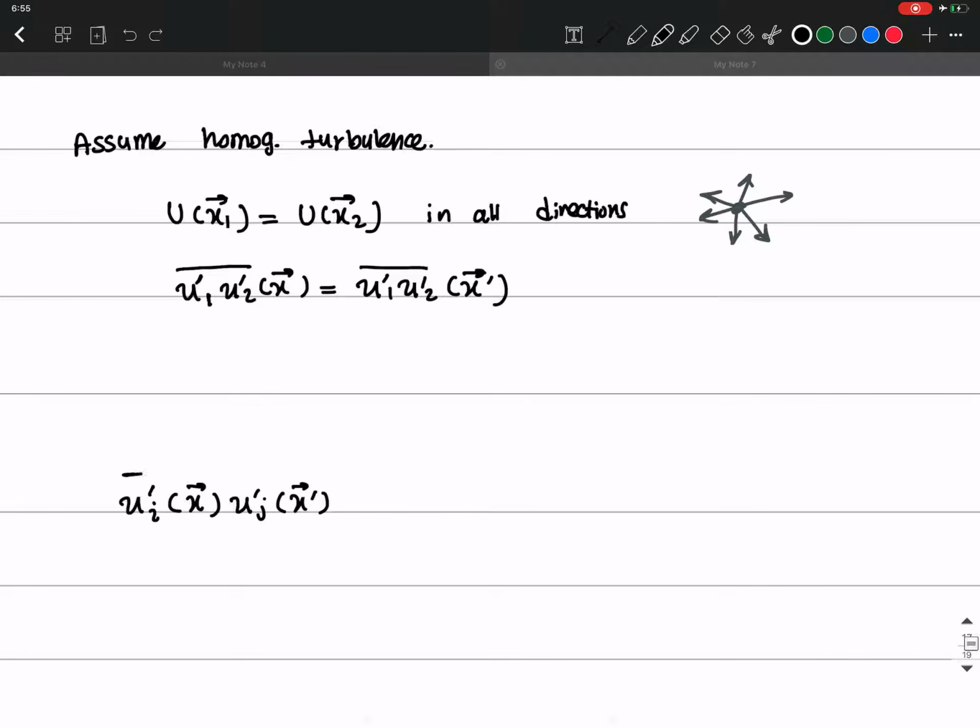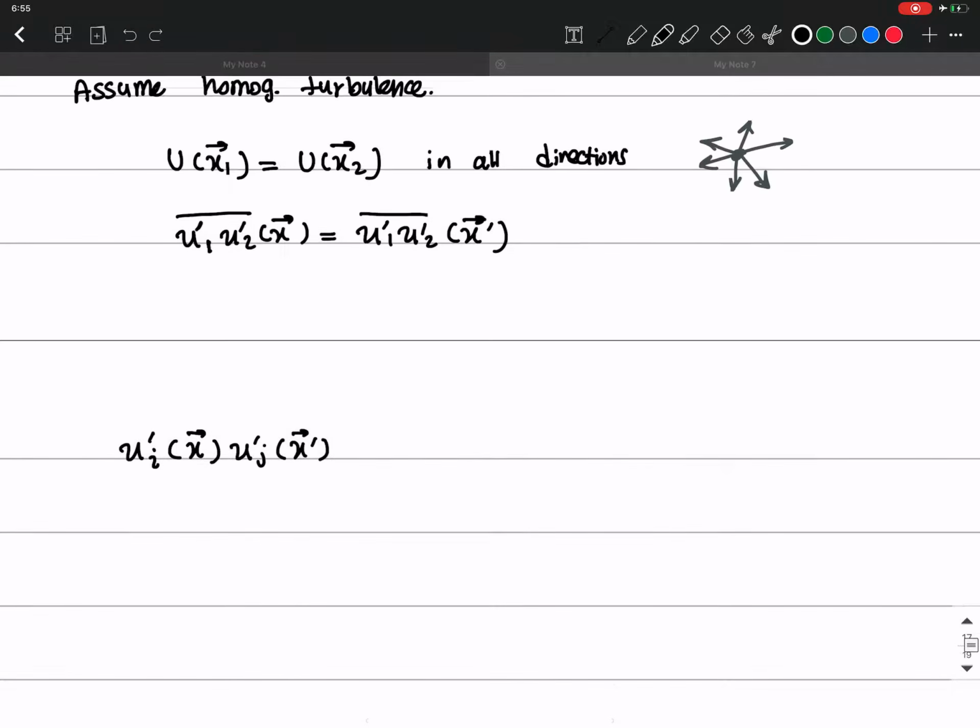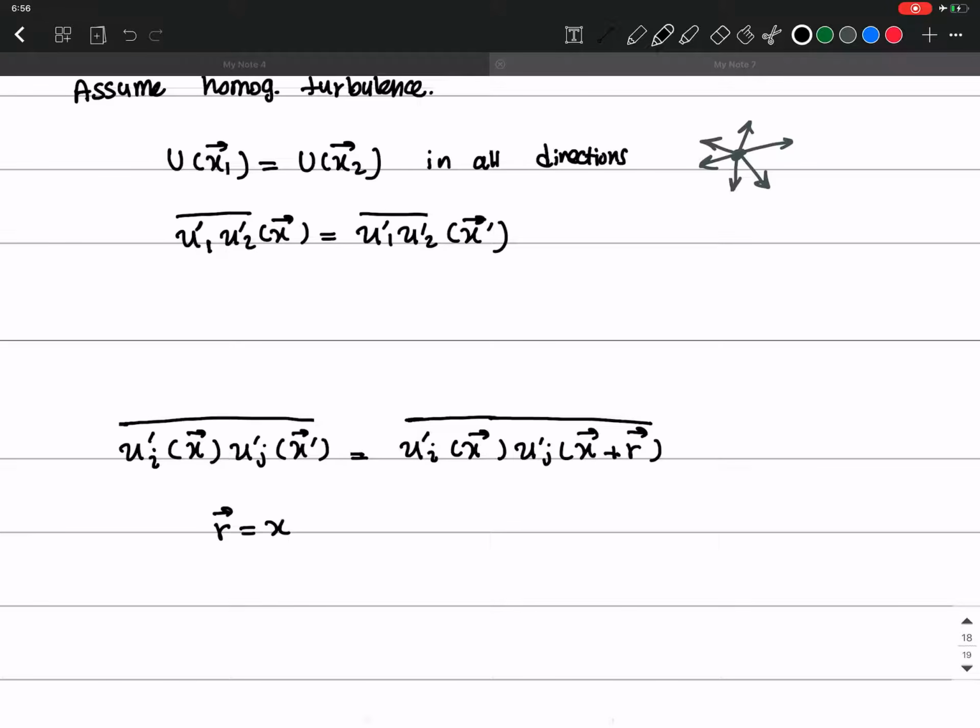In a homogeneous turbulence, you can prove and show that this equals ui'(x) uj'(x + r), where r equals x' minus x.